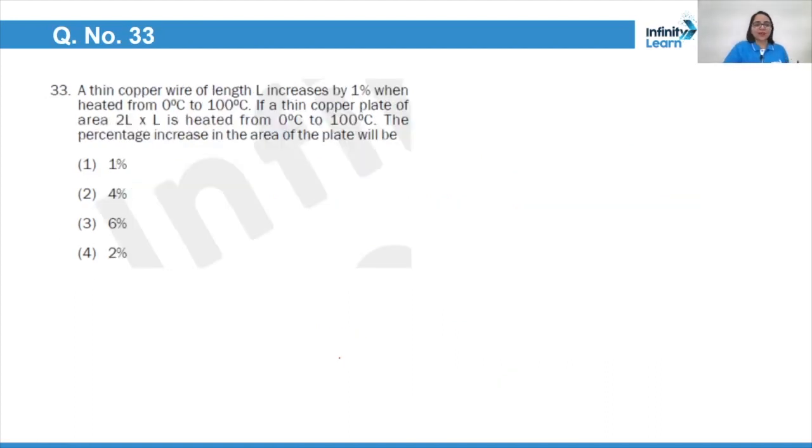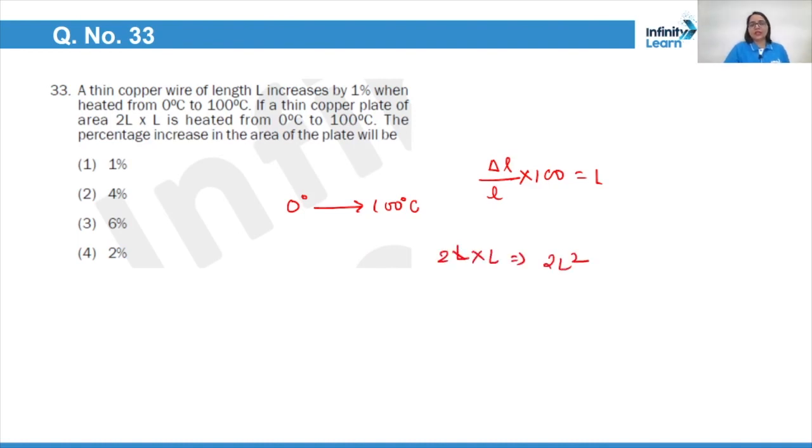Question number 33. A thin copper wire of length L increases by 1% when heated from 0 degree to 100 degrees Celsius. That means delta L upon L into 100 is equal to 1. We have a thin copper plate of area 2L into L, that is 2L square, heated from the same temperature 0 to 100 degrees Celsius. The percentage increase in the area of the plate will be?